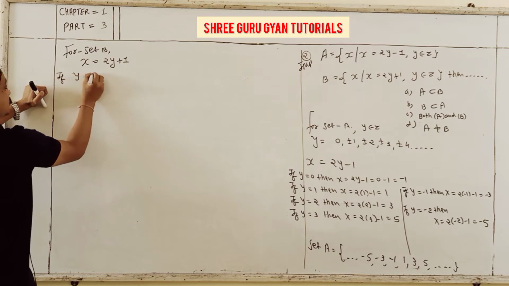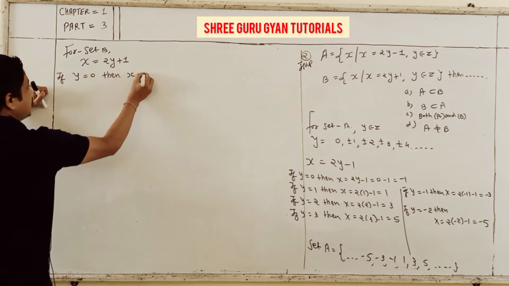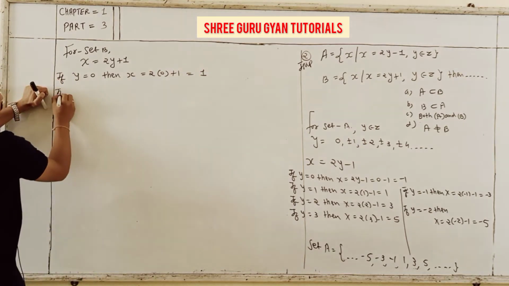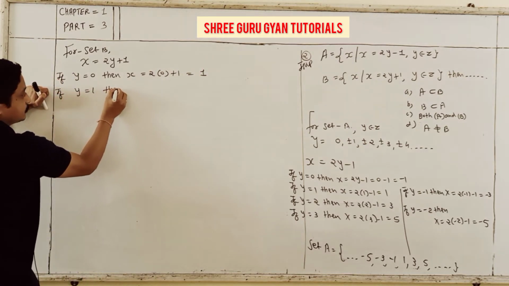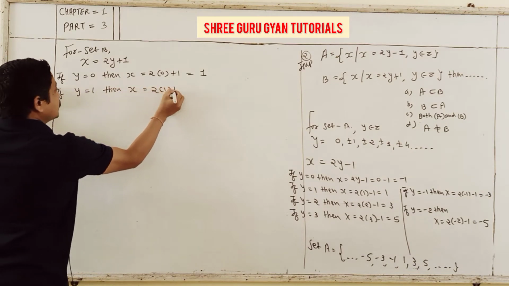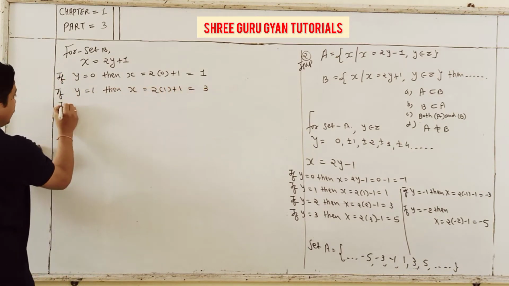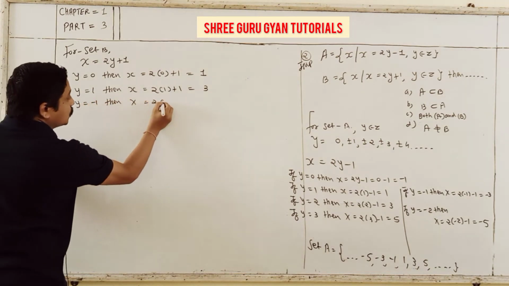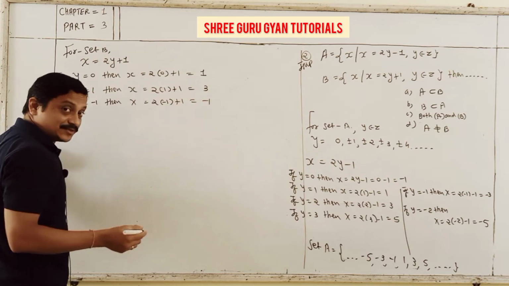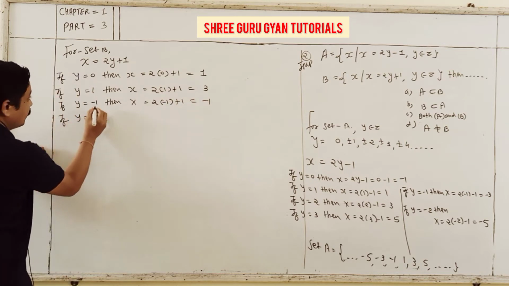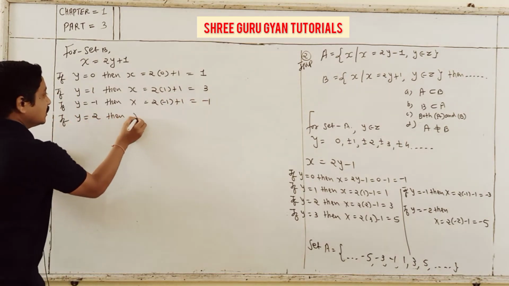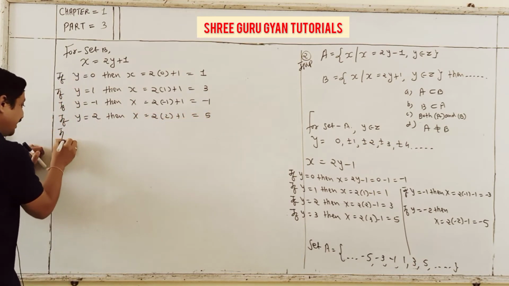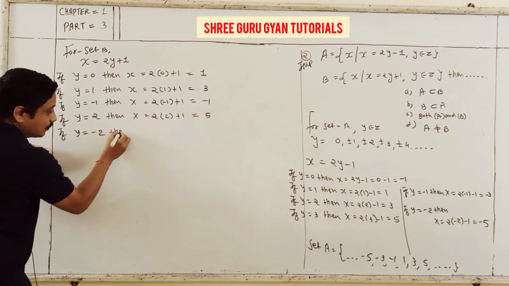If y is 0, then x becomes 2 times 0 plus 1, my answer is 1. If y is 1, then 2 times 1 plus 1, answer is 3. If I take y minus 1, then 2 times minus 1 plus 1 will be minus 1. One more: if y is 2, then x is 2 times 2 plus 1, it will be 5. One more I take, if y is equal to minus 2.